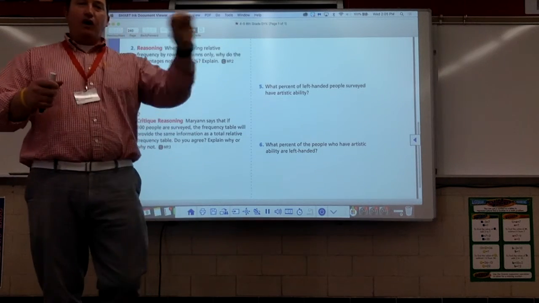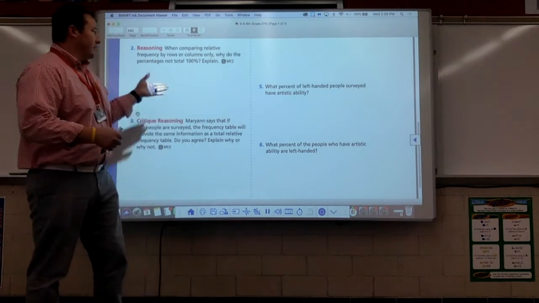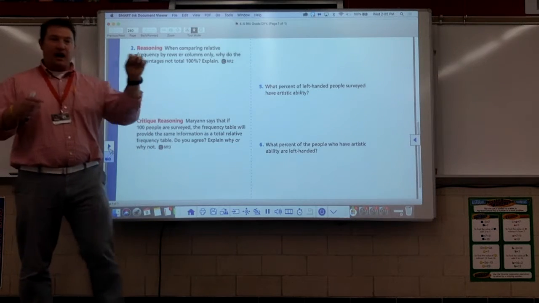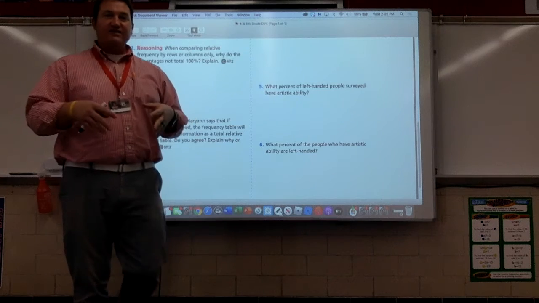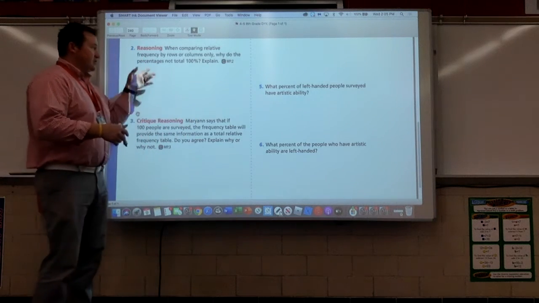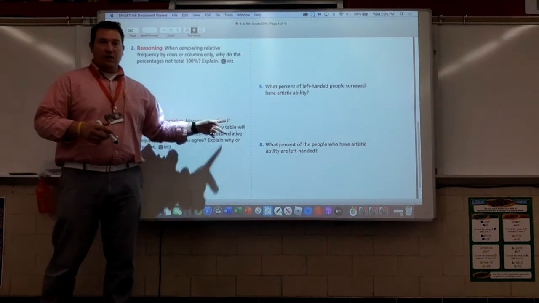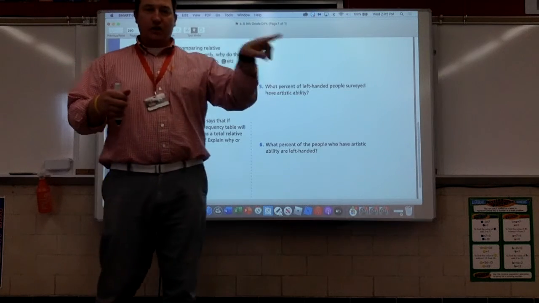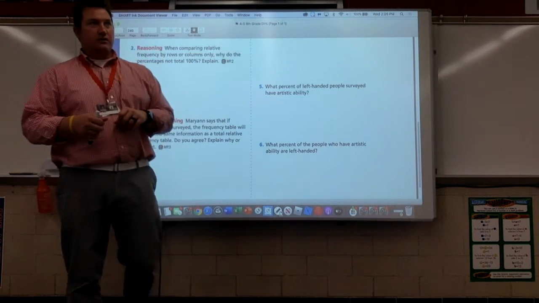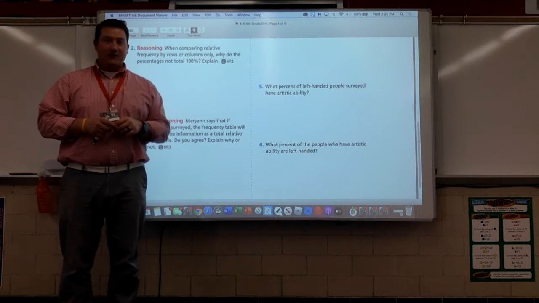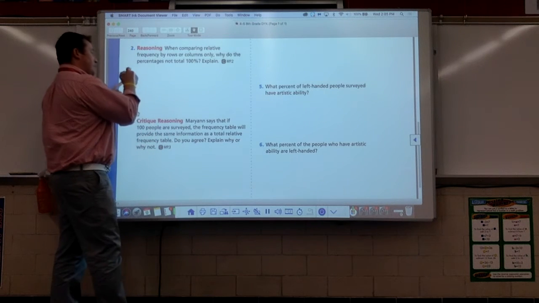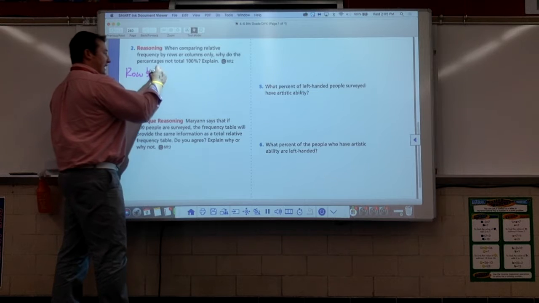Remember, when we go across a row, they're not always going to add up. They're not going to keep the same addition structure that the rest of our table does. Just like when we're adding down the columns, we can't try to add across the rows. So I'll say row and column.